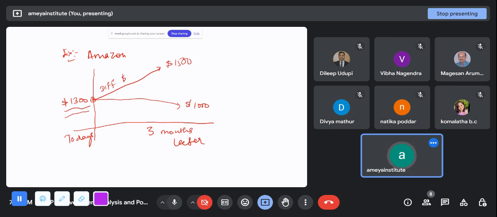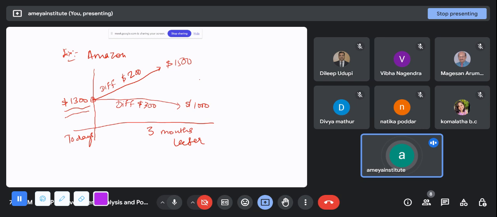What is the difference of price? 1,500 to 1,300, is it 200? Yes. And here, 1,000 to 1,300, the difference is $300, right?